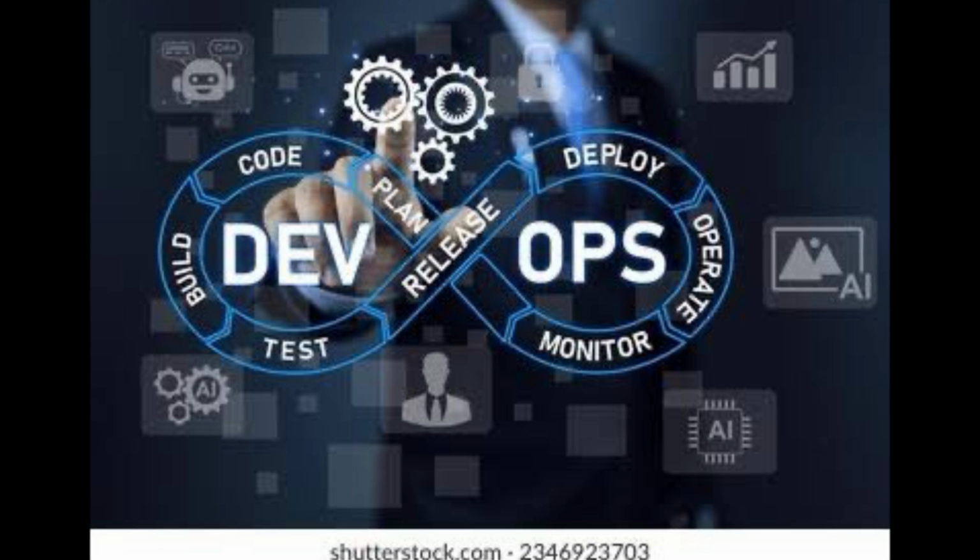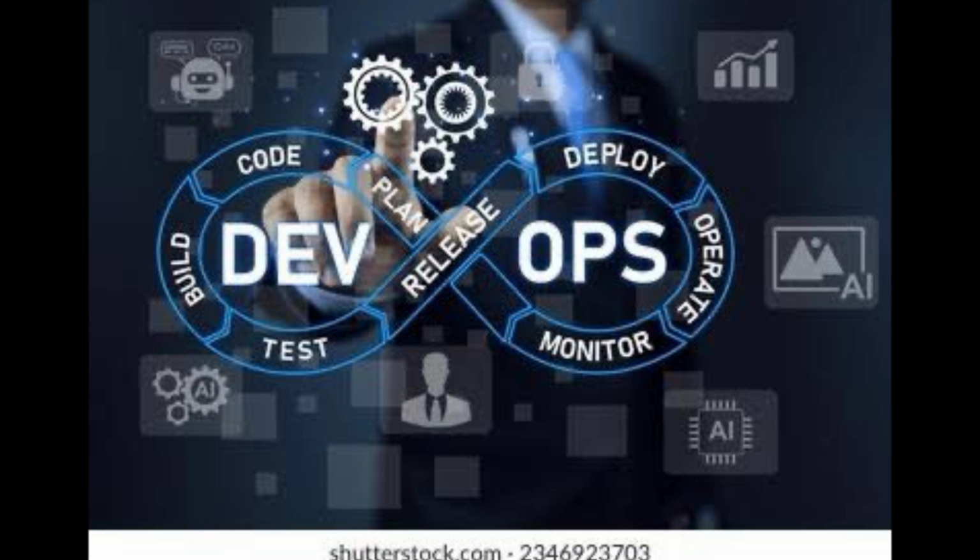We have services, one for green and one for blue, so we switch to the new service once testing is done on blue. Then we get the new version of our application. That's how we can manage downtime.